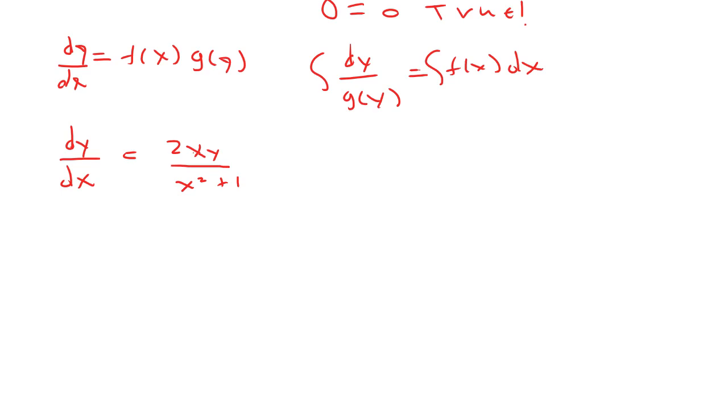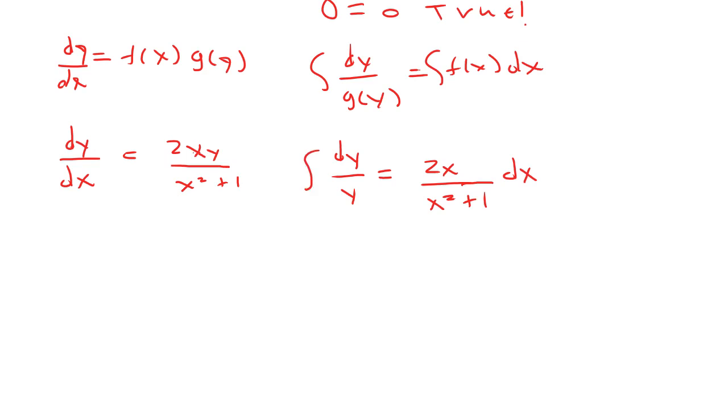Well, notice that in any case, it's not too bad to separate the variables such that you can rewrite it as dy over y equals 2x over x squared plus 1, but then you have the differential dx. So the next step would always be the integration.